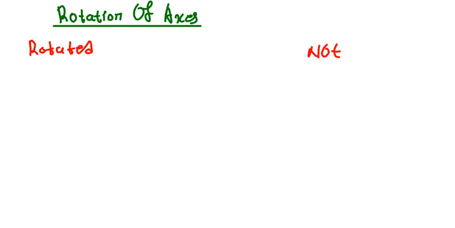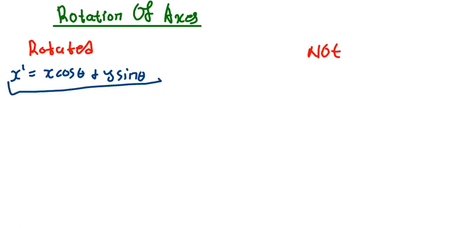So you are going to substitute, you're going to say your x prime will be equal to x cos theta plus y sine theta. In that video that I made, I explained where all of this is coming from. Of course, in the paper, I don't think they can ask you to derive this.